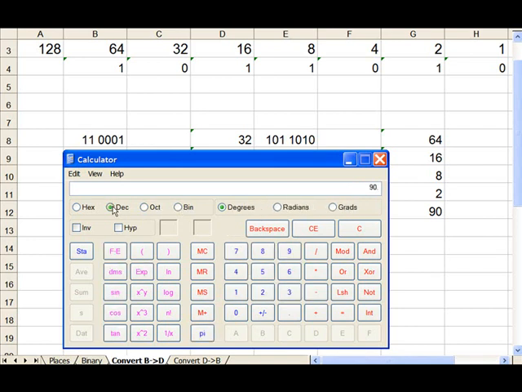Okay, what we're going to look at now is an easy way for you to convert from decimal numbers to binary numbers. So in this exercise, we've gone from binary numbers to their decimal equivalent, and we're going to have to go backwards. If we have a decimal number, what is the binary number?